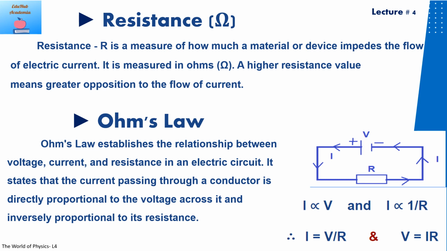If you look at this picture, you can see the V, the voltage of the power supply, negative end, positive end of a power supply. Positive end is a bit higher than the negative simply because this is the higher potential. Negative is at a lower potential.